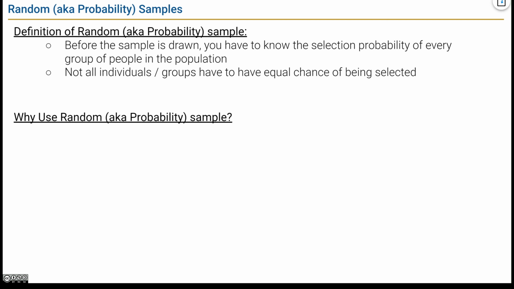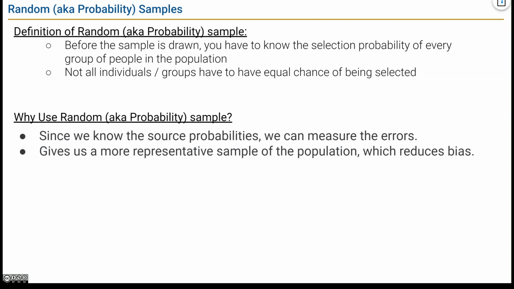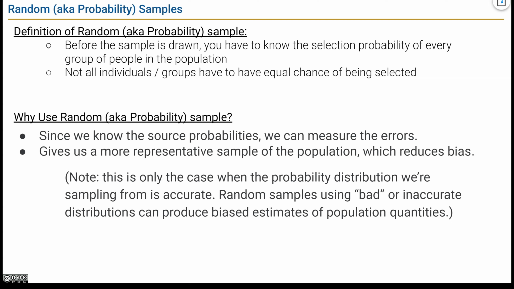Why do we have this framework for using a probability sample? Well, as long as you can define the selection probability of every group of people, then you can quantify the random chance errors that will occur in your sample. Also, this is going to give a more representative sample of the population, which will help reduce bias.